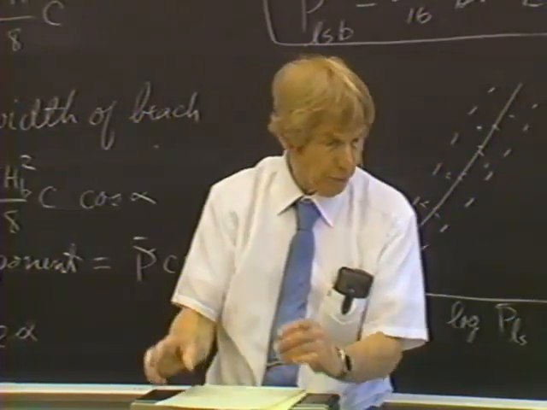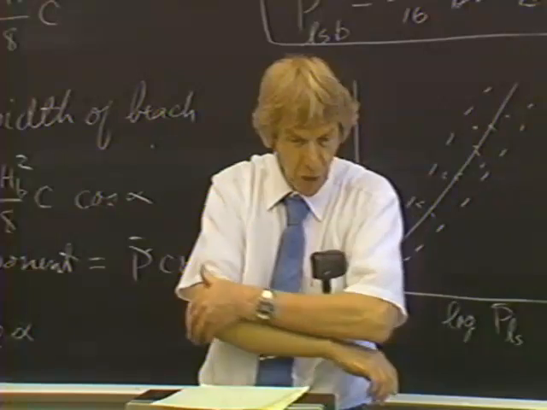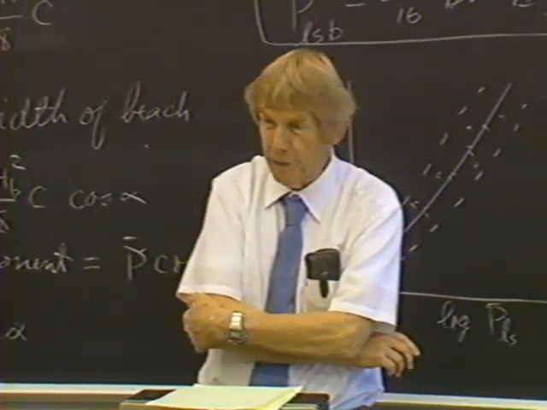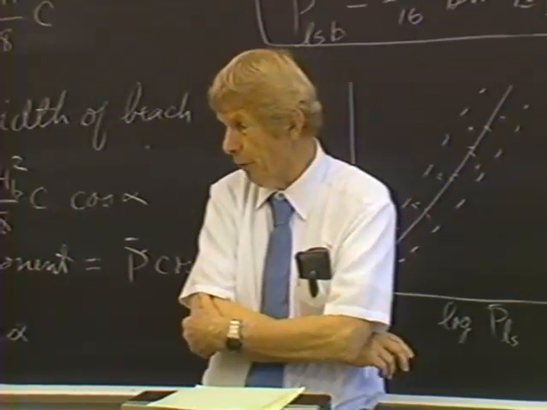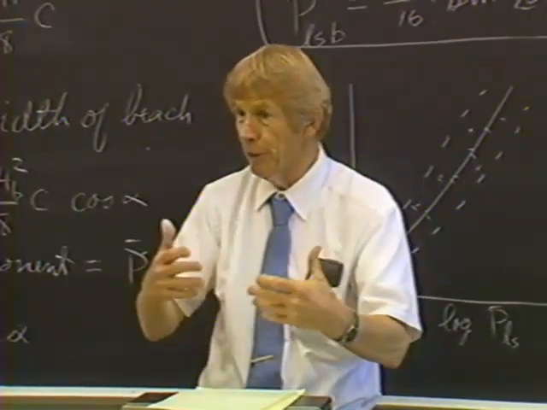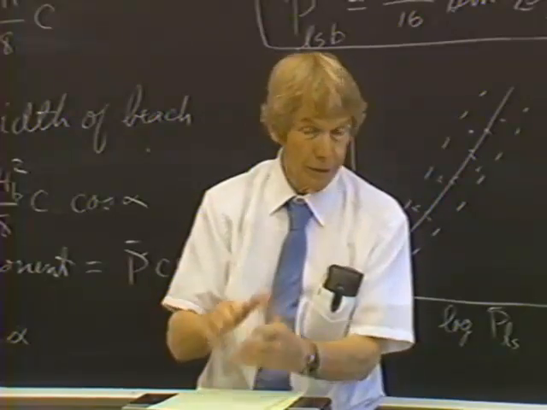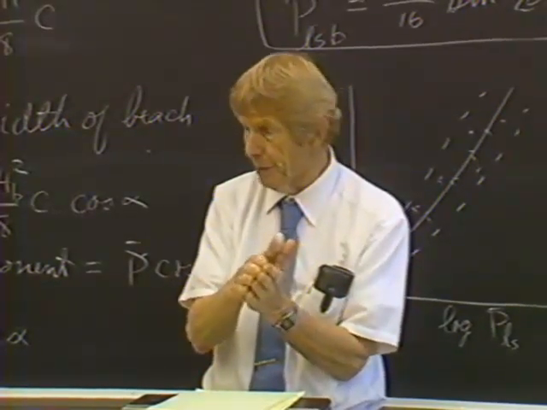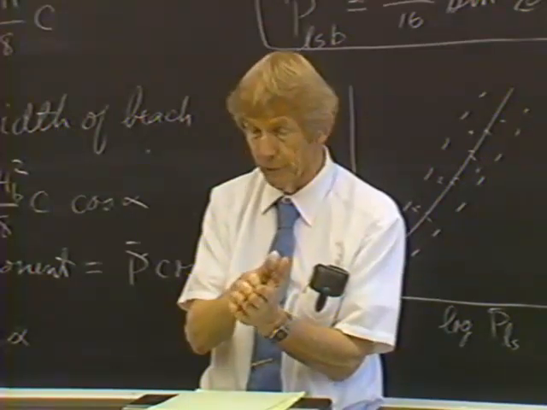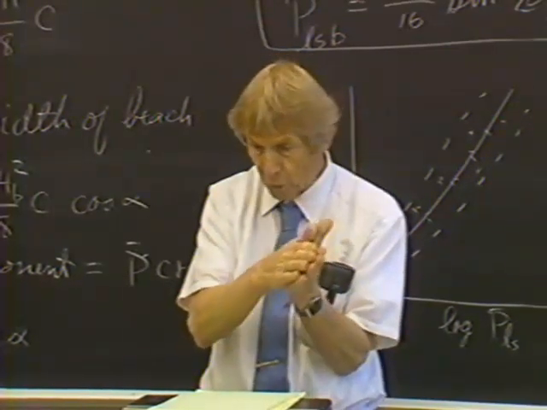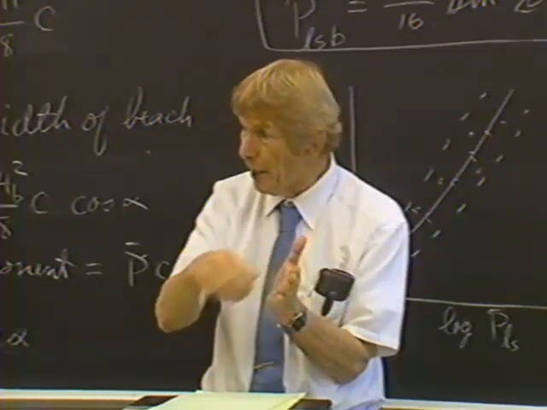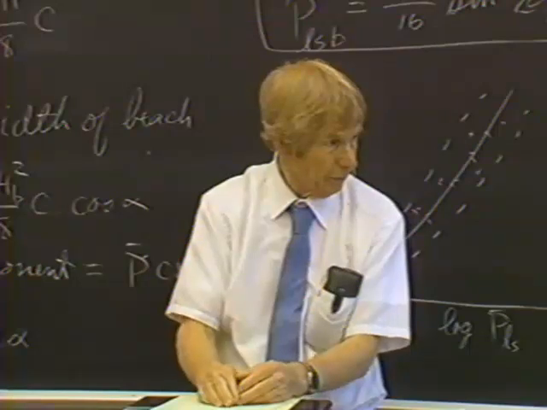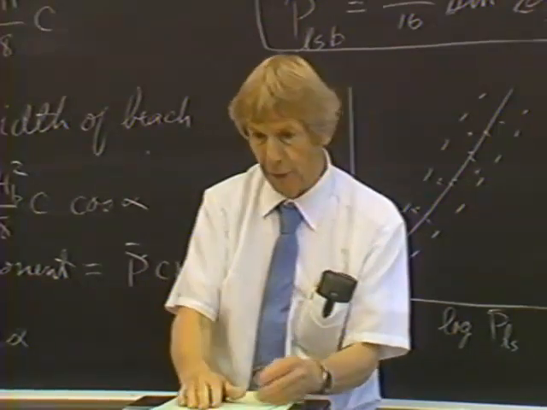I haven't mentioned this, but beaches tend to be steeper if the particles are coarser. That coarser particles make steeper beaches. And the reason for that is that coarse material isn't as easily eroded as fine material. But when it's on a steep slope, gravity aids in its erosion. That is, it's moved more easily on a steep slope than a flatter slope.